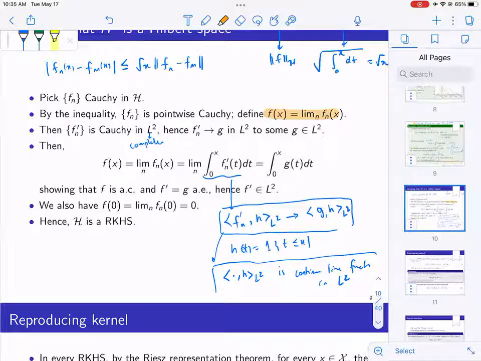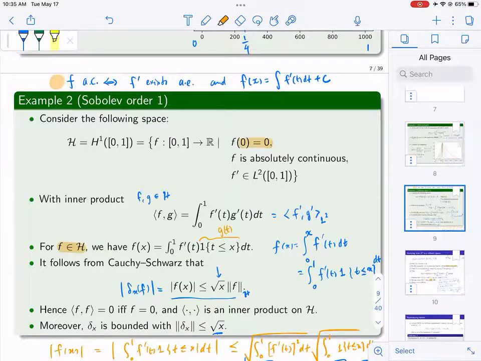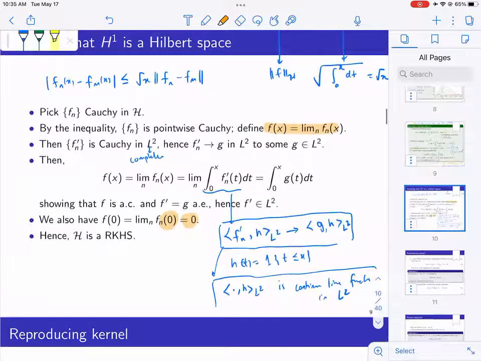So we showed that f is absolutely continuous, the derivative is in L2, and f(0) is also the limit of fn(0). These are in this space, so these are 0. So the boundary condition also holds.